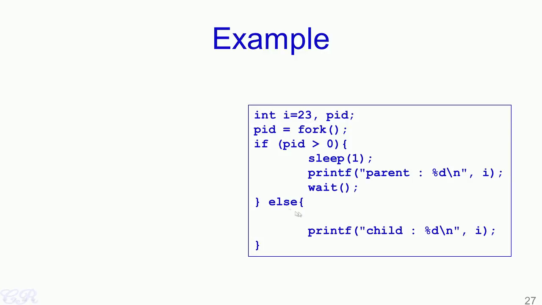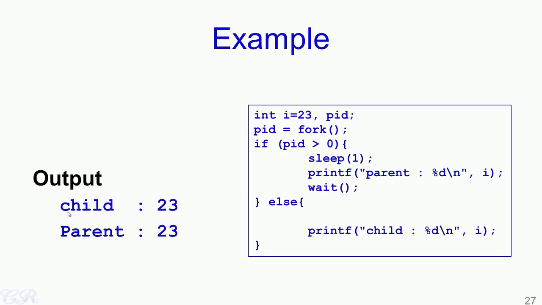Similarly, in the child process, which gets executed in the else part, we again print the value of i. Since the child is an exact replica of the parent, the value of i in the parent as well as the child would be the same. Thus, when we execute this program, both the child as well as the parent print the value of i as 23.